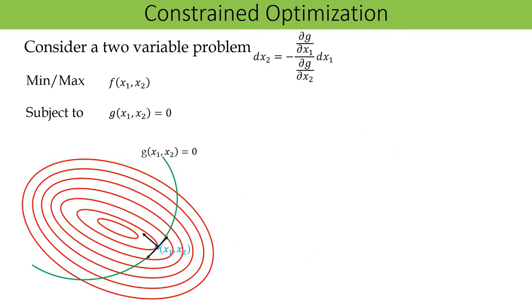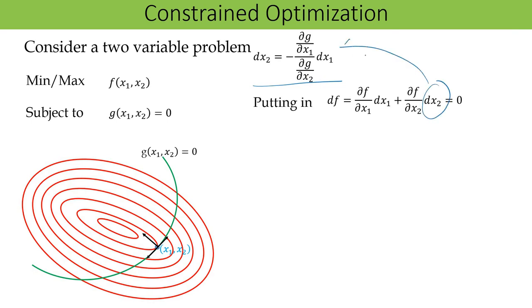In the previous slide I got dx2 equal to minus del g by del x1 divided by del g by del x2 times dx1. Now, putting in the necessary condition for optimality of the objective function, that is df equal to del f by del x1 dx1 plus del f by del x2 dx2, which is equal to 0, you replace dx2 using this equation.